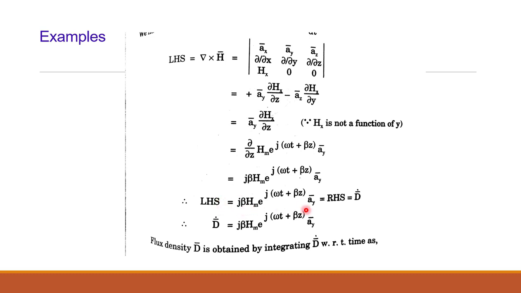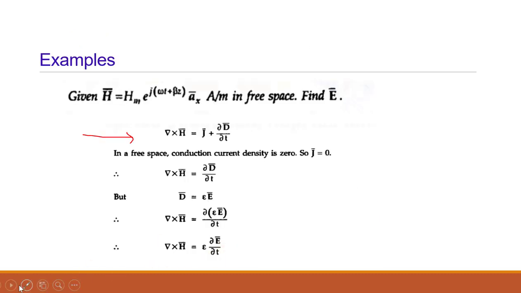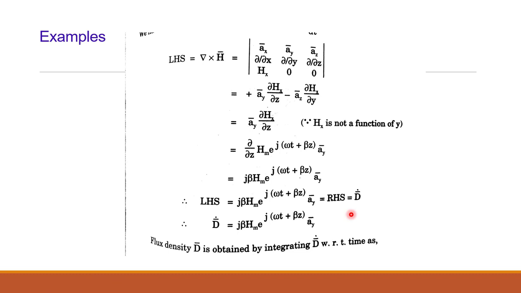So this is our LHS, and it is equated to the RHS. But what is the RHS? It is dou D by dou t, or epsilon into dou E by dou t, which is nothing but D dot. So D bar dot is equal to j beta Hm e raised to j(omega t plus beta z) ay cap.